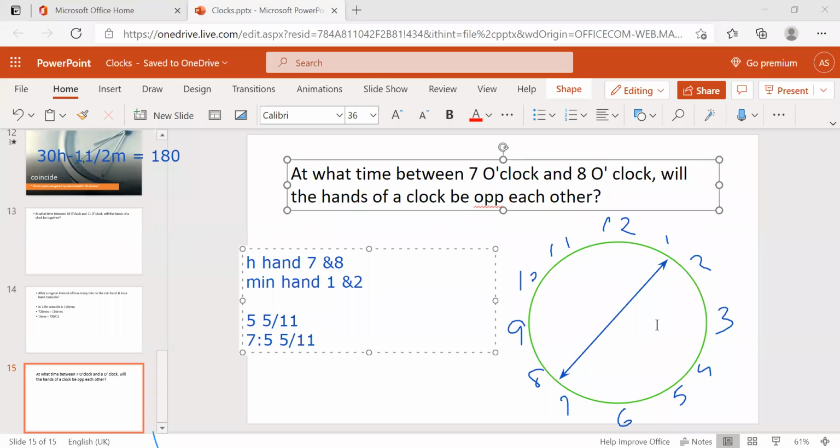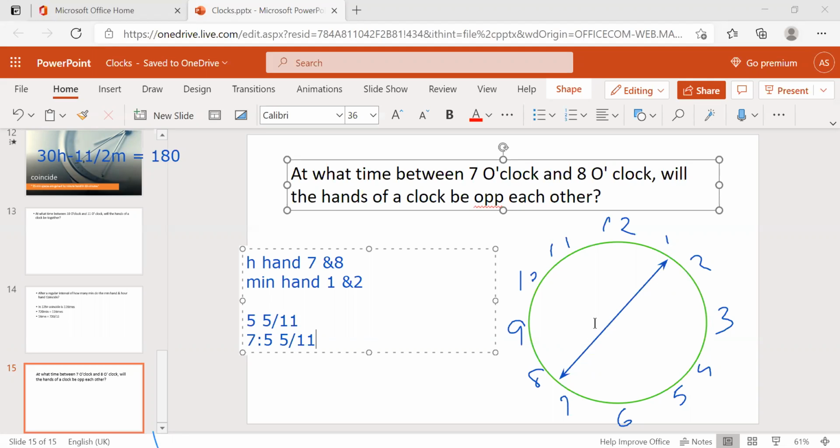Now, you understand which one we have to consider? The minute hand we need to consider, because our hour hand will be between 7 and 8 only. Until the hour hand reaches 8, we call it 7 o'clock only, 7:30, 7:40, 7:50 and then 8, right? So here 7 hours, 5 by 11 minutes, the both will be opposite to each other.